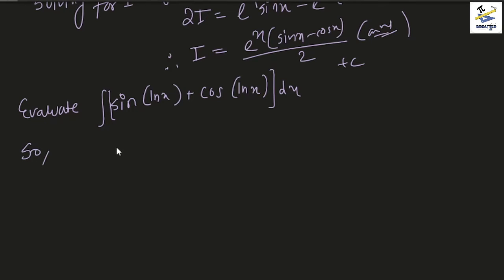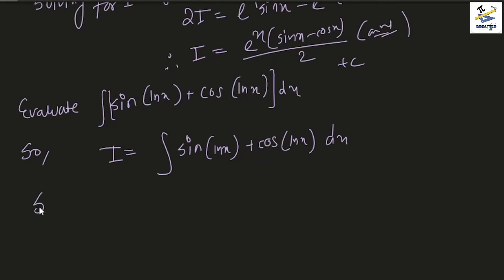So obviously I equals the integration of sine of log x plus cosine of log x dx, and substitute y equals log x, which will give us dy equals 1 by x dx, right?